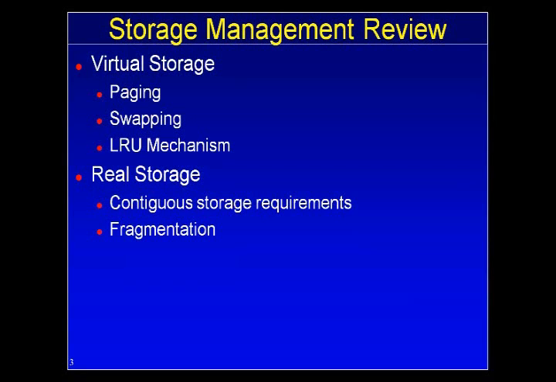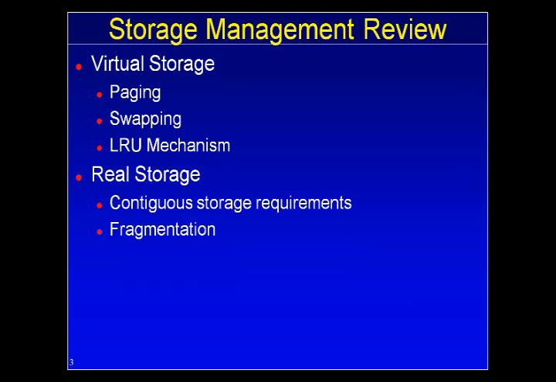Now, the solution was virtual storage. Virtual storage really addressed two concerns. One was that we could initiate this action called paging, whereby we could keep the oldest pages out on auxiliary storage instead of tying up a physical resource.